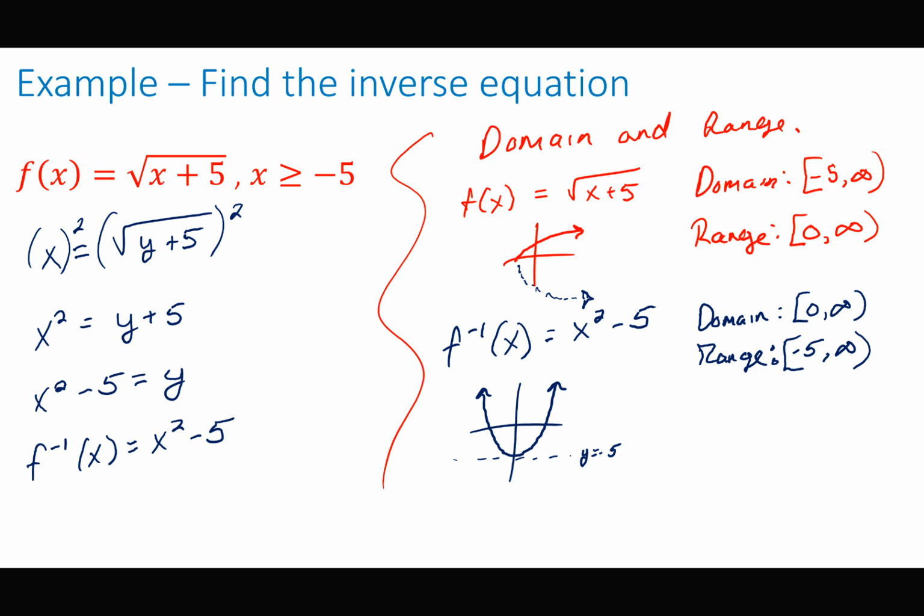So really, these points do not exist, and on here they're not going to exist either. But the biggest thing you have to remember is they switch. The domain of the original becomes the range of the inverse. The range of the original becomes the domain of the inverse. They're the exact same, they just switch.